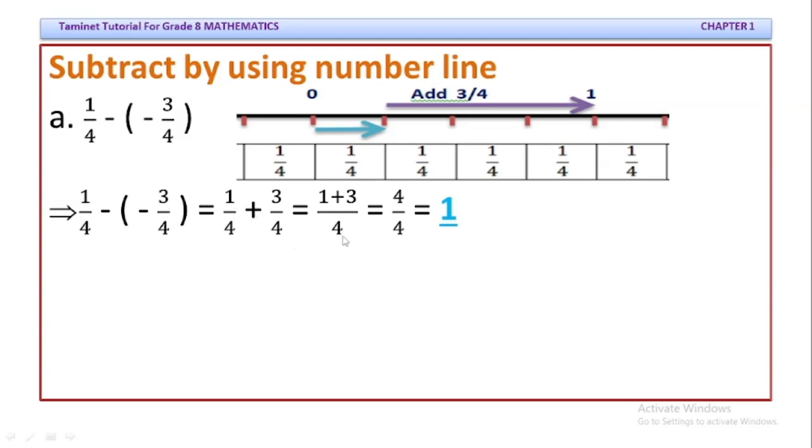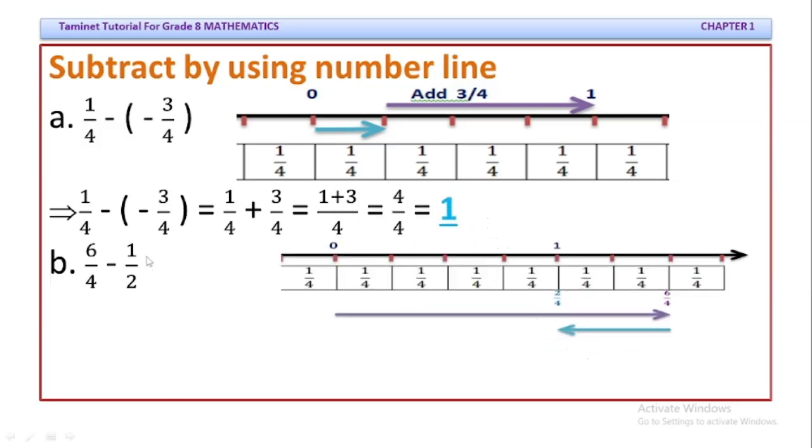They have the same denominators, so add the numerators. 1 plus 3 is 4, 4 over 4 is 1. You see, we can determine the difference by using a number line, and also by using the rules. So both approaches determine the same result.